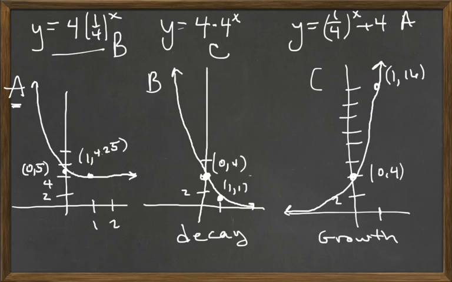When you're looking at equations, there are certain key elements that kind of set them apart. The first thing you want to look for is your vertical or your horizontal asymptote. That's probably the easiest thing to identify. The next thing would be to look at the initial point. The initial points here, if I can, I'll highlight them for you. What we have here, we have an initial point of 0, 5.